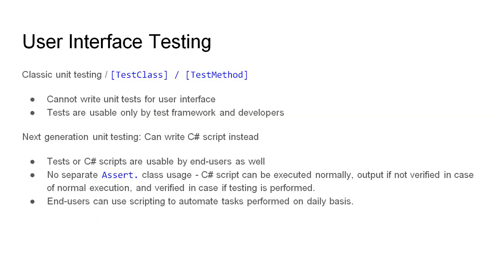So if we compare these two testing approaches, using classic unit testing you cannot write unit tests for the user interface, and tests are usable only by the test framework and only by developers. And if you write the unit tests using C# scripts instead, those tests can be used by the end users as well, for example to automate your application, and there is no separate assert class usage, and C# can be executed normally only.